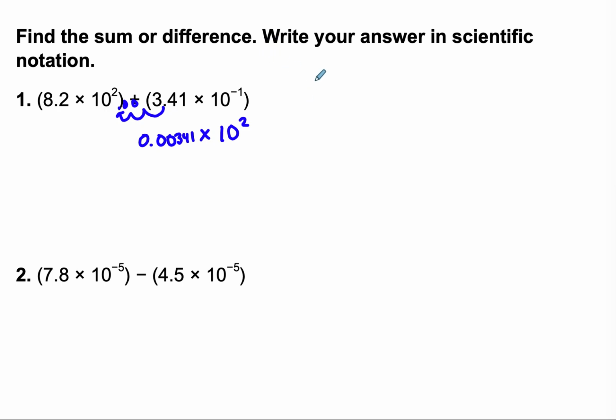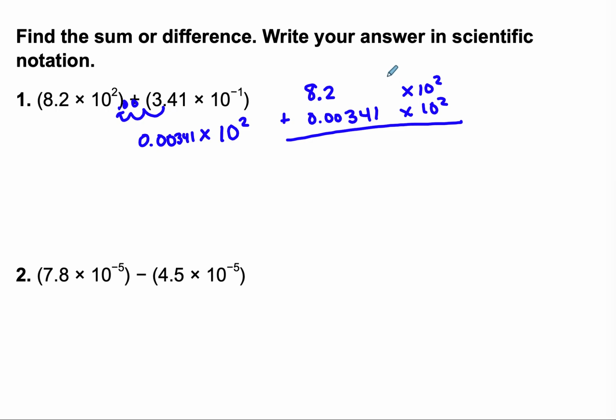So now I'm going to write them off to the side here. 8 2/10. I know I'm going to need some placeholder zeros, so I'm going to put the times 10 to the second power way off to the side. Plus 0.00341 times 10 to the second.